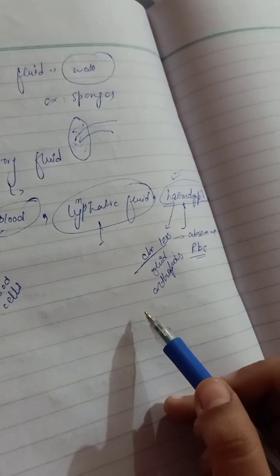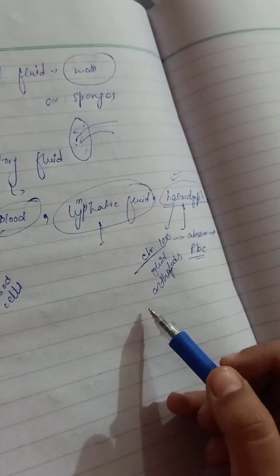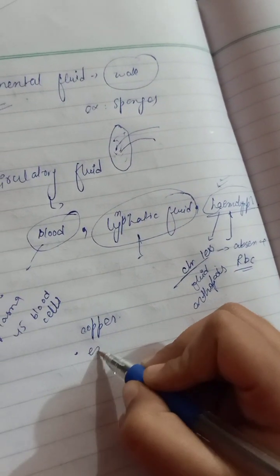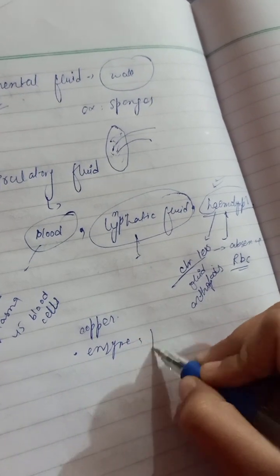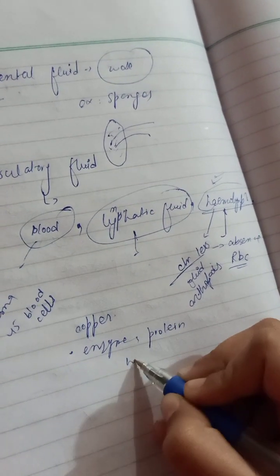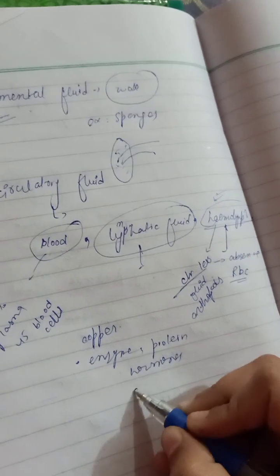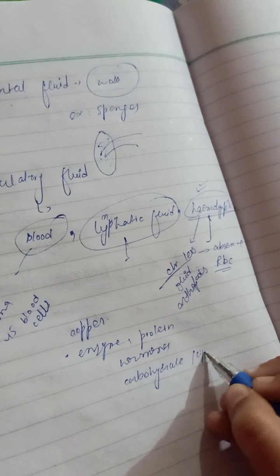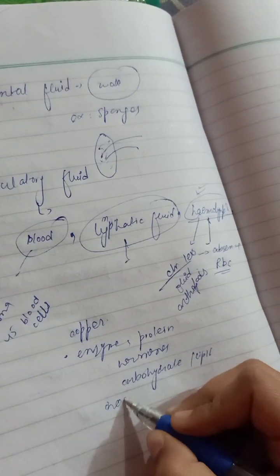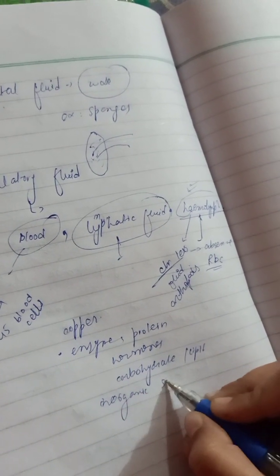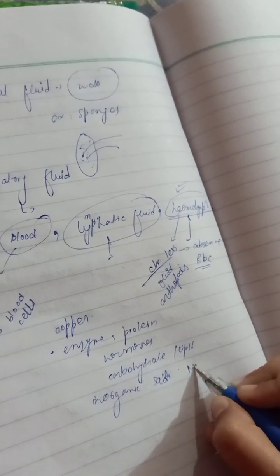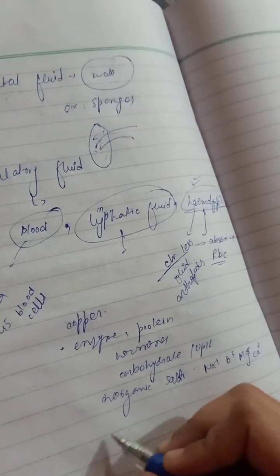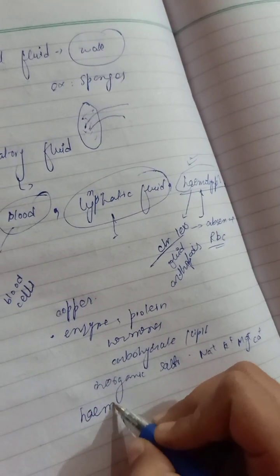The composition of hemolymph is basically more copper, enzymes, proteins, hormones, carbohydrates, lipids, and inorganic salts like sodium, potassium, magnesium, and calcium, and they have hemocytes.